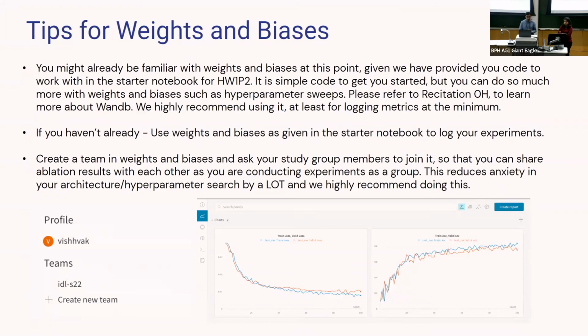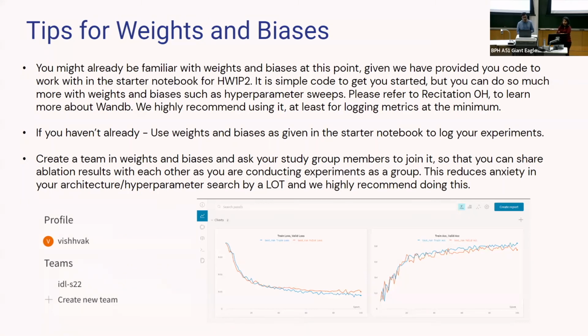When you create a team on the homepage, you should be able to add your study group there, and then you would be able to see each other's runs and understand how the architectures you're dividing amongst each other perform, right? That really helps you tackle ablation studies for homeworks in a much more efficient way.